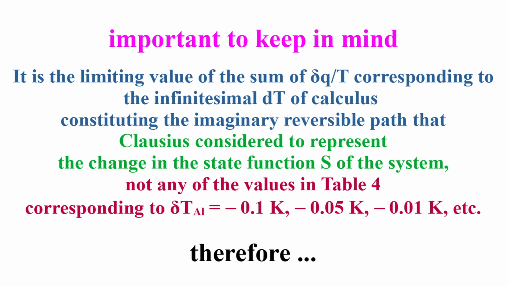It is important to keep in mind that Clausius postulated only the limiting sum of đq over T, which corresponds to the infinitesimal dT constituting the imaginary reversible path, as equal to the delta S system, and not any of the other sums, such as the ones corresponding to delta T of aluminum equal to negative 0.1, negative 0.05, etc. His assumption is found to be working well so far in explaining all the relevant facts, and hence we have accepted it so far.